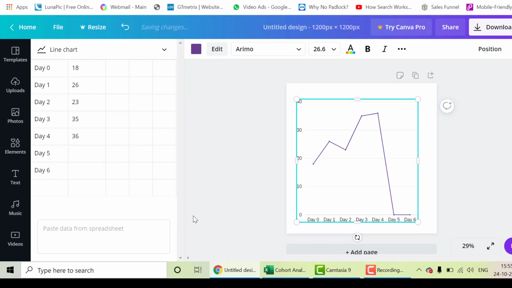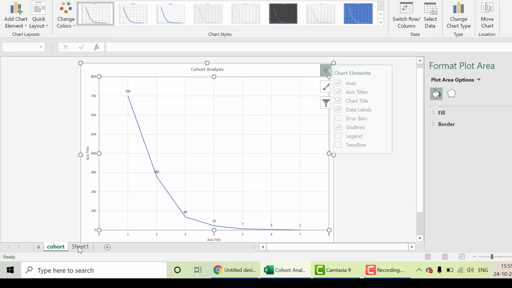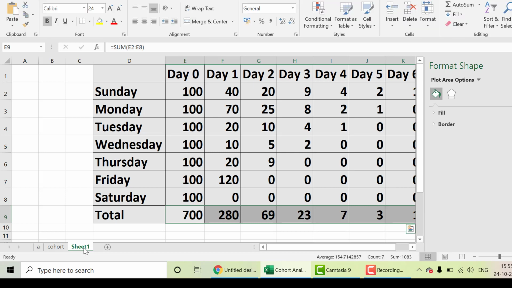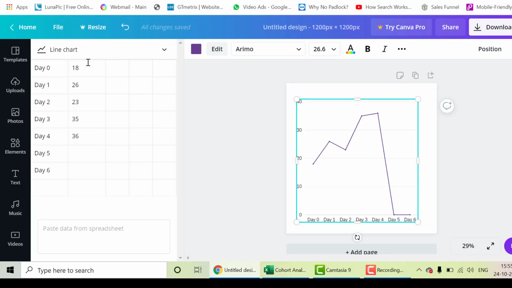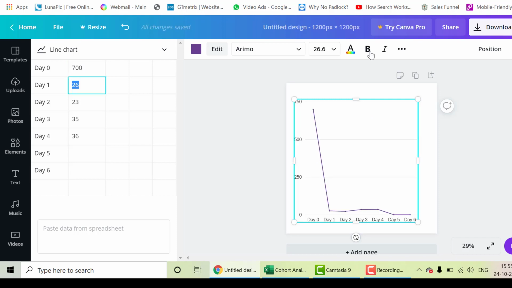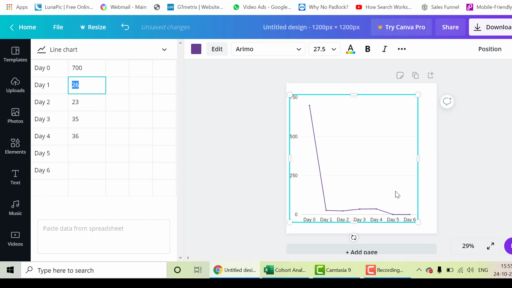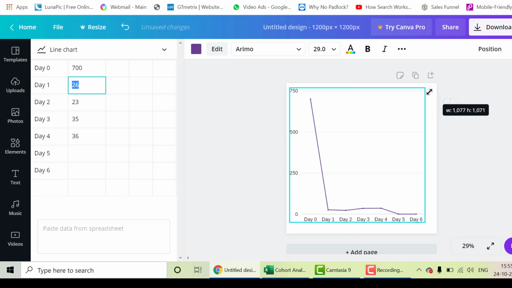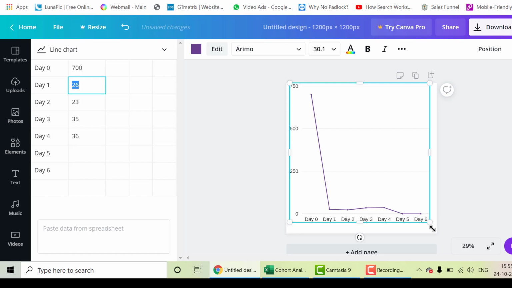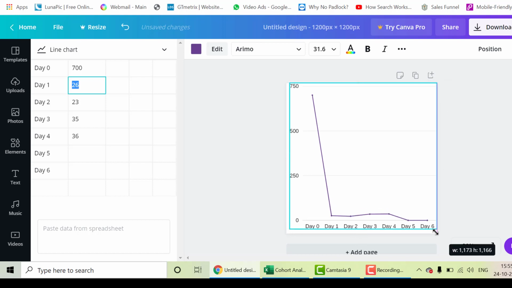So the first value, as we all know, for day 0 was what? It was 700. So we are gonna write 700 over here, and you can see the graph has started making itself as we are plotting the values. I'll enlarge it for you so that you can see it well, and you can see it's 700.